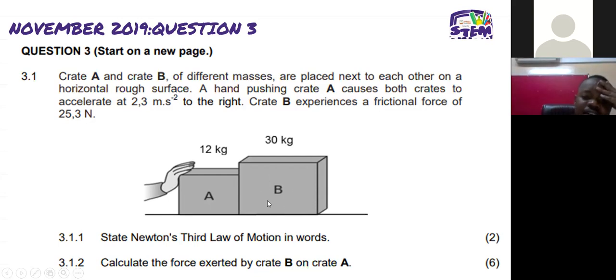The forces that are acting on B, number one, is the force of gravity that is going downwards. The second force is the normal force that is going upwards because this object is on a surface.